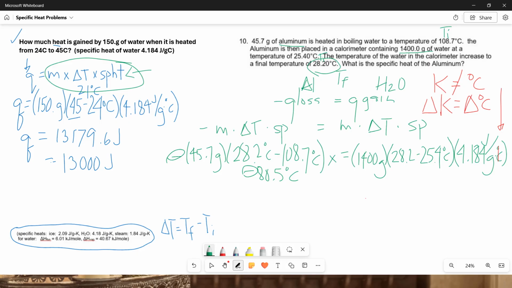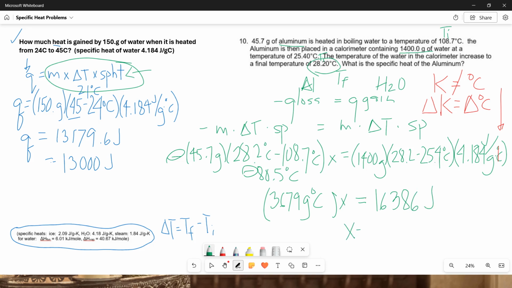Okay, so let's go back to our problem. If I reduce the left side, I'm going to get 3679 grams Celsius times X equals this other side, which is going to be 16,386 joules.